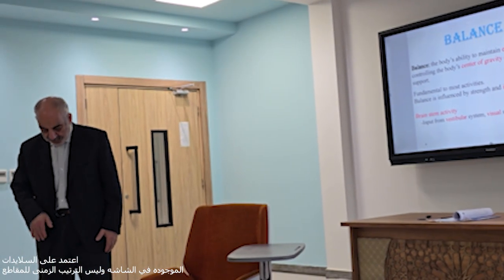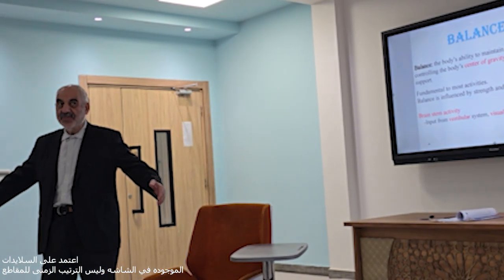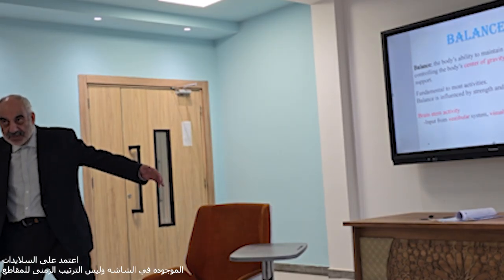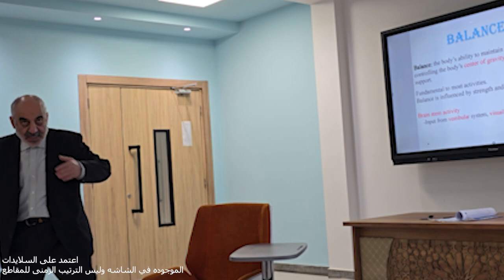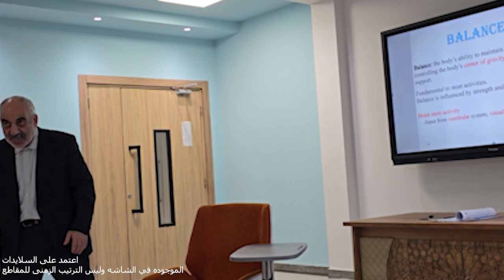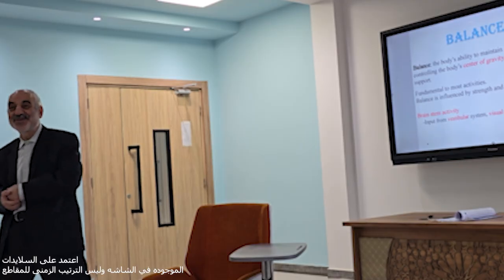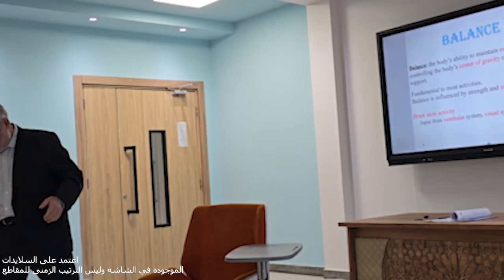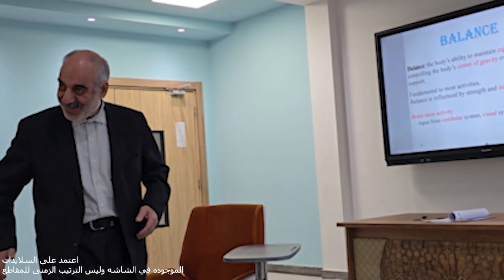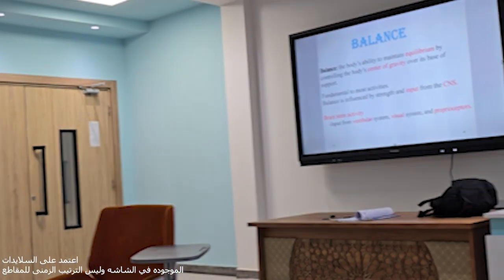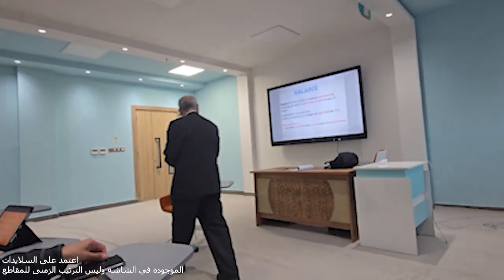BOS means base of support here. But in the patient with cerebral dysfunction, there is a wide base of support, and the center of gravity is changed, maybe because they want to compensate for the balance. But this is not good. Okay, you must watch carefully. Okay, so the balance is important.